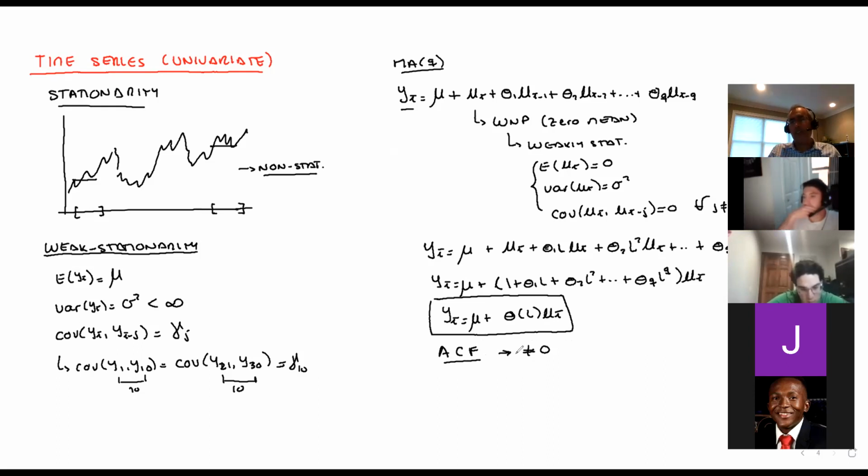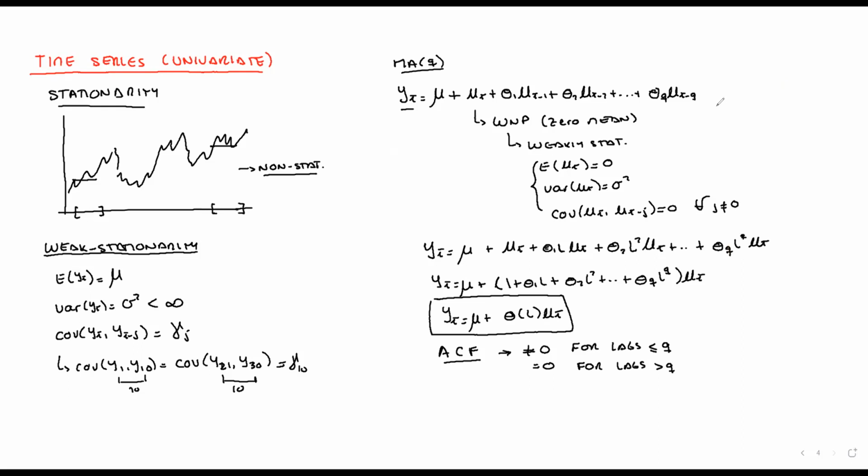It's going to be different from 0 for lags smaller than or equal to q, and it's going to be equal to 0 for lags larger than q. And this is the tricky part, this is the interesting part here, guys.